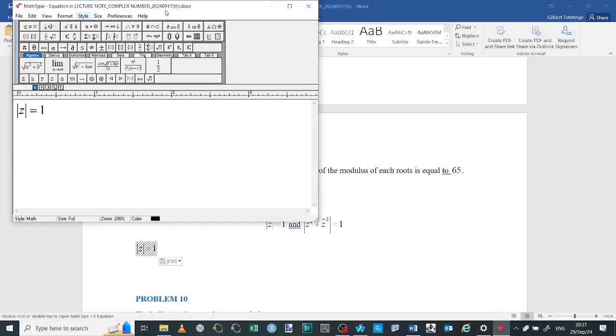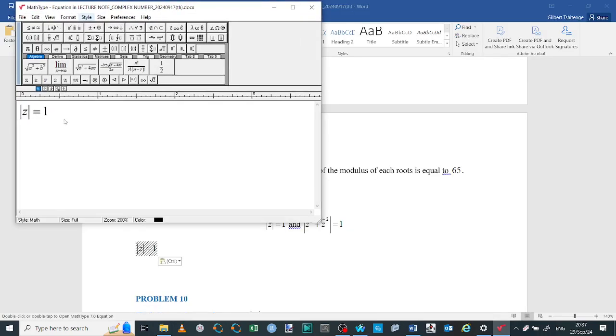Therefore, if I write it in exponential form, let's say z is equal to 1 times e to the power j theta.